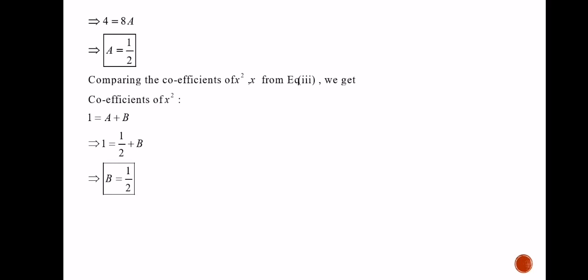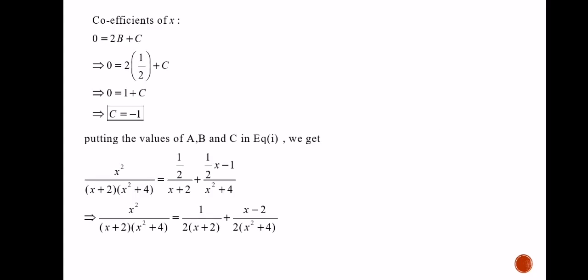Now we cannot apply the zeros method over any more factors, so we will have to use the comparison method. Comparing the coefficients of x square from equation number 3, we get 1 is equal to A plus B. Since the value of A is 1 by 2, we get the value of B as 1 by 2.